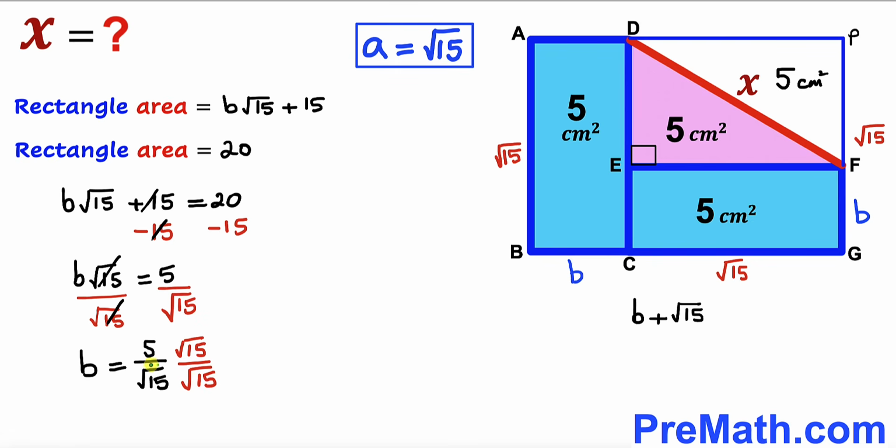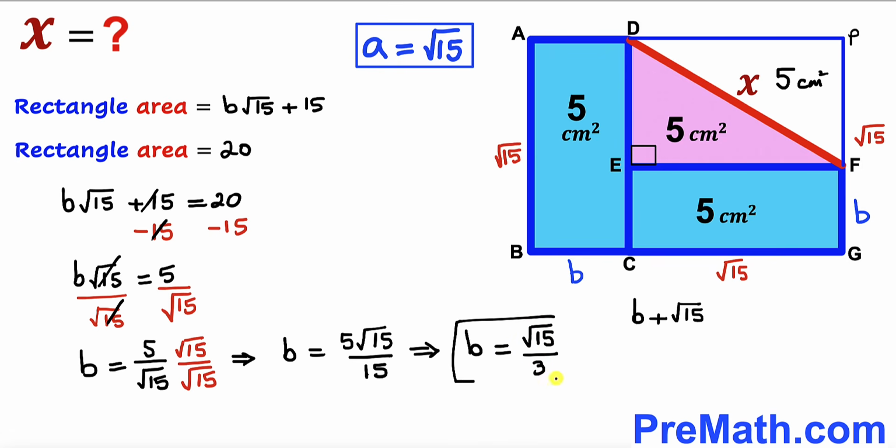We can see square root of 15 times square root of 15 is going to give us 15. And if we reduce it further, our b value is going to be simply square root of 15 divided by 3.